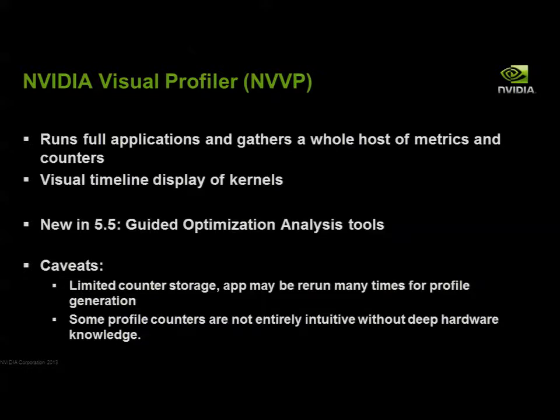So just getting an overview of a Gantt chart of the activities on the GPU and the transfers of data between host and GPU can be very useful. So NVVP can give you all this information.